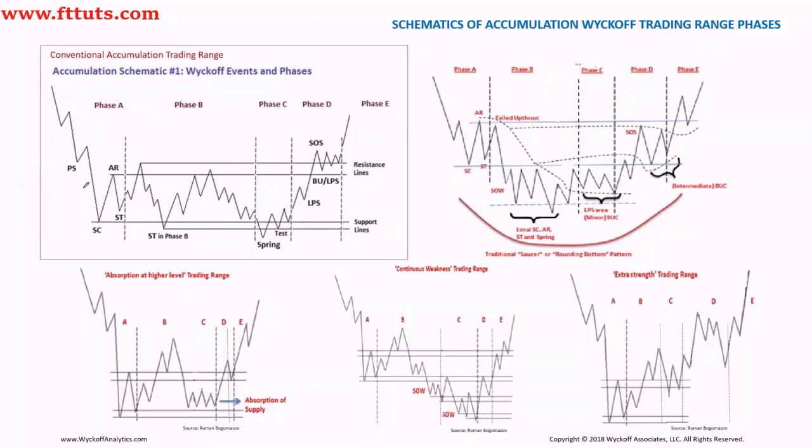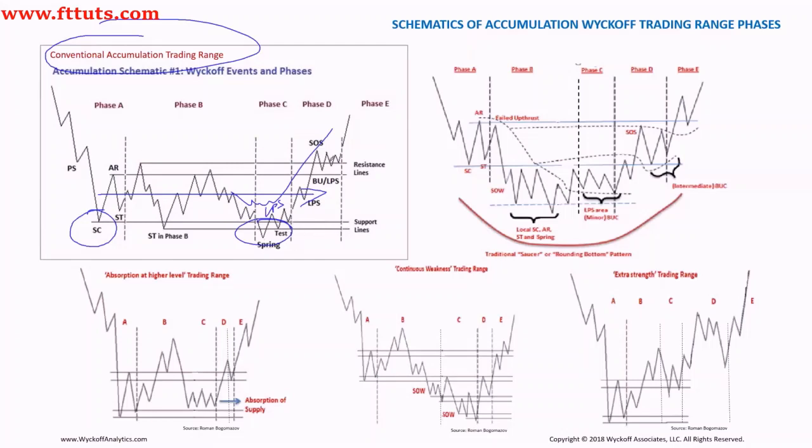It's different than the conventional accumulation range, where we would see the stopping of the downtrend with buying from institutions, and then it's kind of flat. The spring could be a lower low, the shakeout could be a lower low, but we could also have a higher low here as a last point of support.